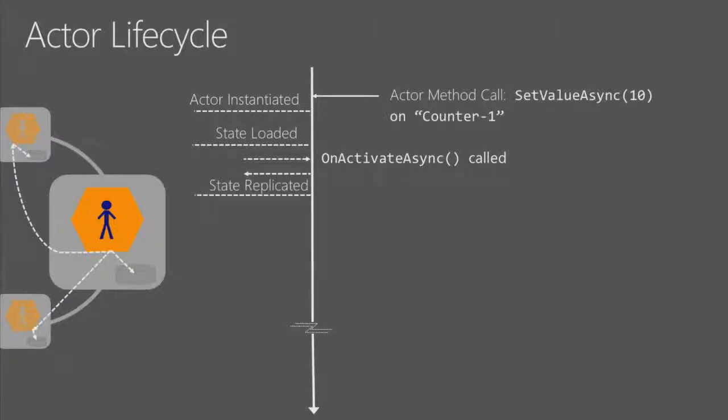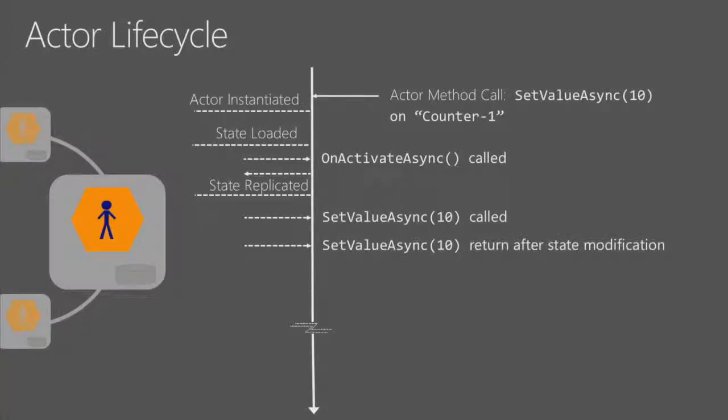Once the onActivate returns, the system thinks that, well, maybe you have manipulated the state even in onActivate. So when a particular method returns, that's when we go ahead and replicate the state. We take that property, we serialize it, and then we replicate. Once that is done, we then call the actual method. So we dispatch the call.